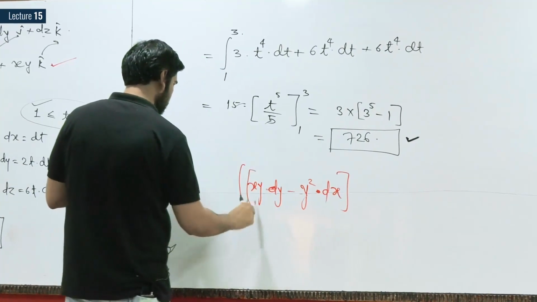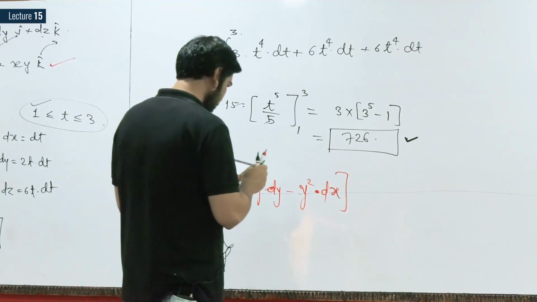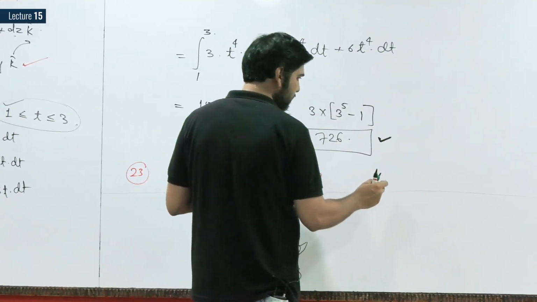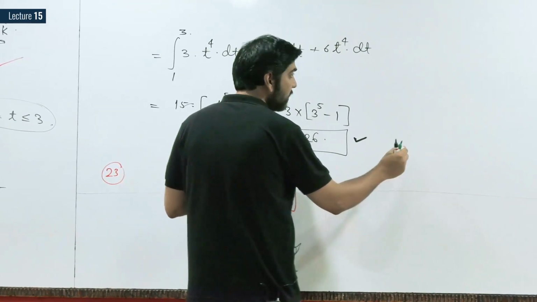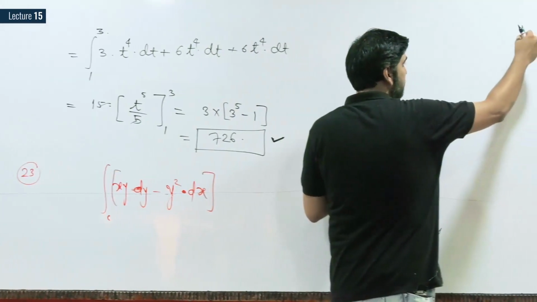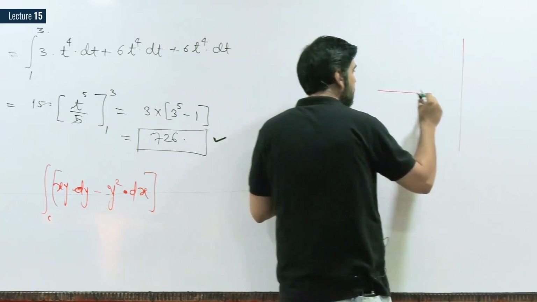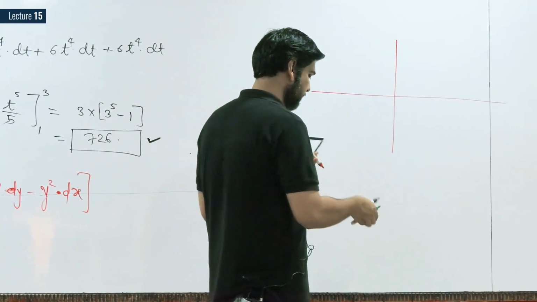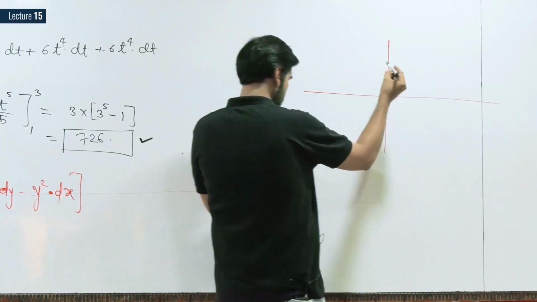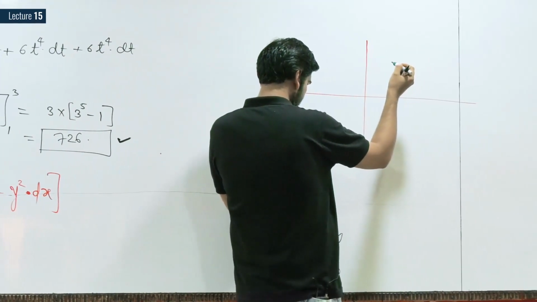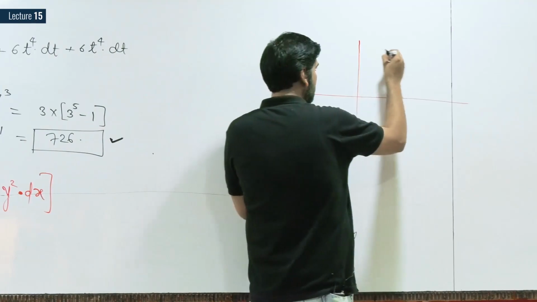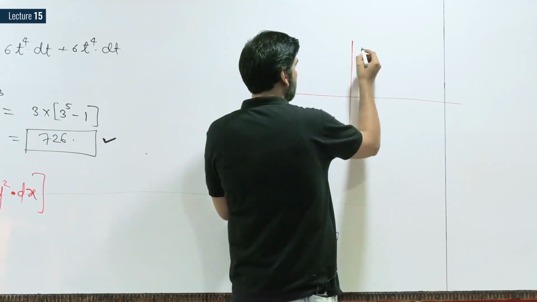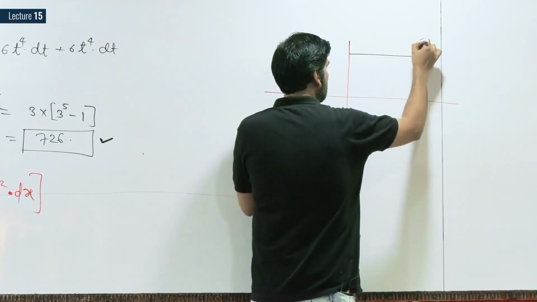So this is the question, with dy and dx, over a square cut from the first quadrant. So let us draw this square here. It is cutting the first quadrant, fine. So let us have this square which cuts the first quadrant by x equal to 1 and y equal to 1.